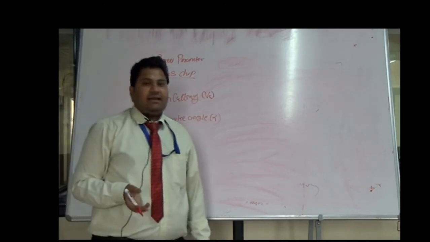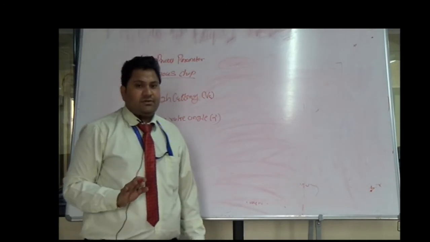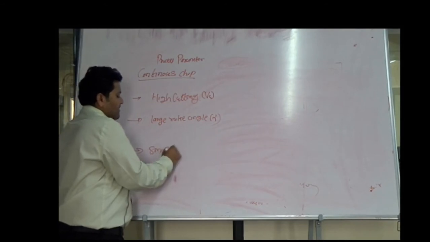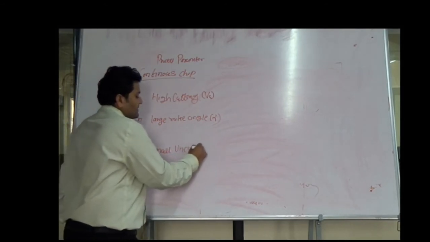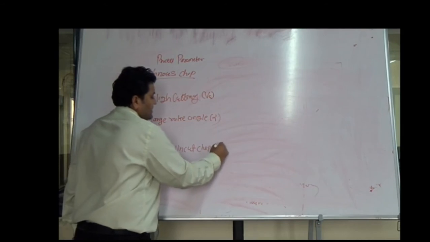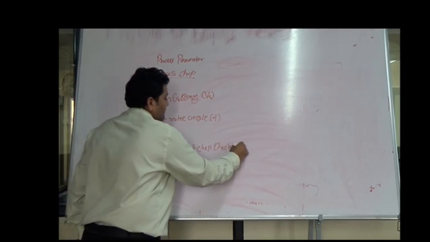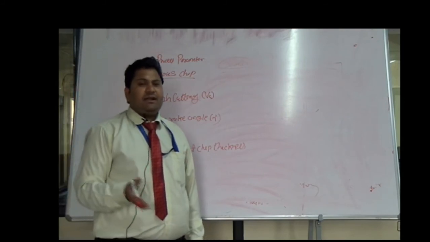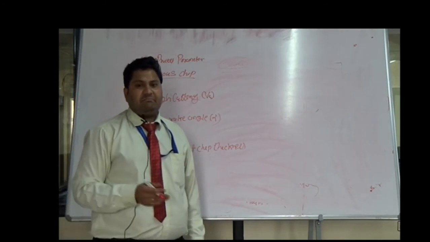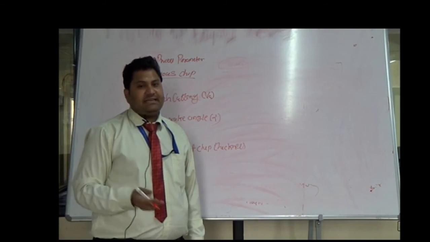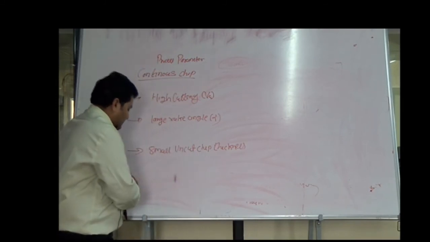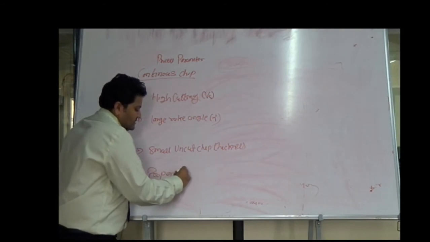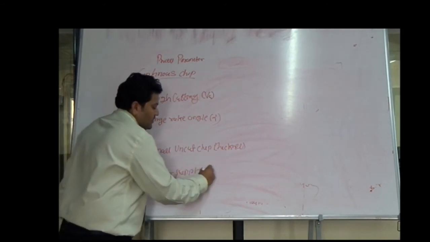It is the angle in front of the face of the tool. Then a small uncut chip thickness, and definitely if you apply proper lubrication, the temperature induced during machining is less. So you require a proper supply of lubricant.